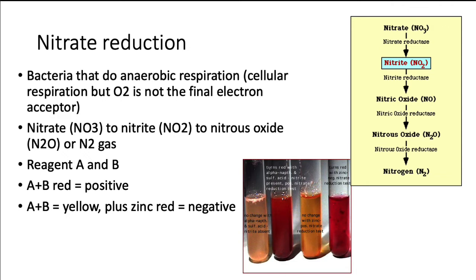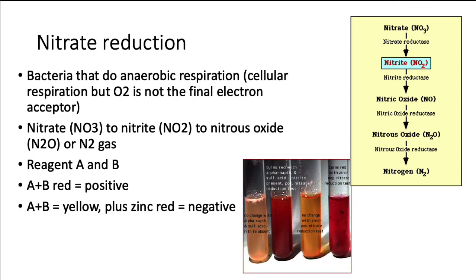However, sometimes that nitrite has been reduced further, to some of those oxides or even nitrogen. So if you add A and B and it's yellow, so it doesn't change color, then you want to check if it has been reduced further. You add the third reagent, which is zinc powder, in which case it's the opposite. If it's red, then it is a negative reaction.